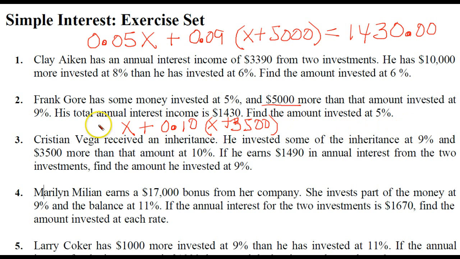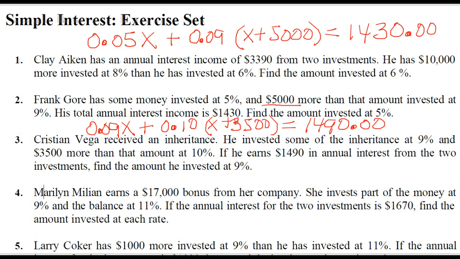And this first part was at 9%. And his total interest will be this. So he received an inheritance. We don't know how much that was, but a portion of it will be X. And then the other portion, the X plus 3,500, 9% and 10%. Boy, these were wonderful interest rates that we don't get anymore. And there's the equation for number 3.